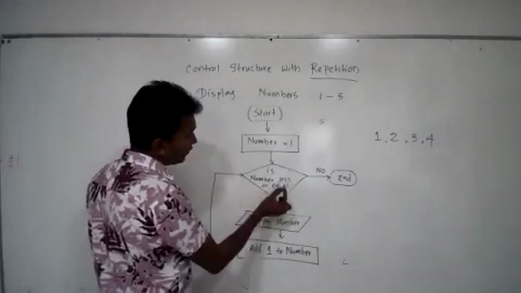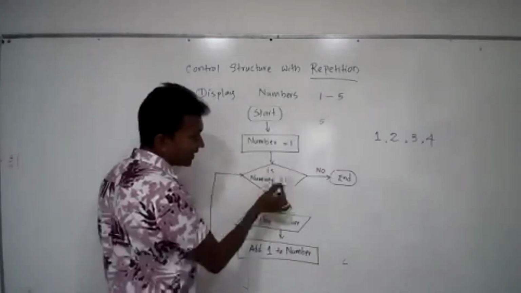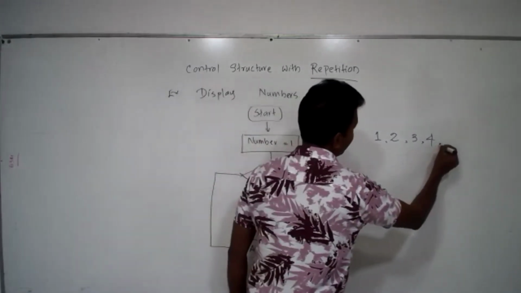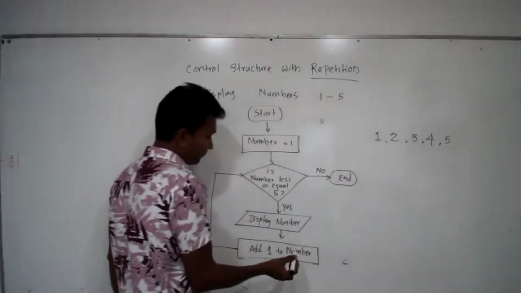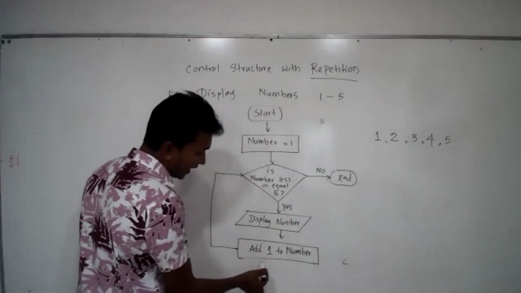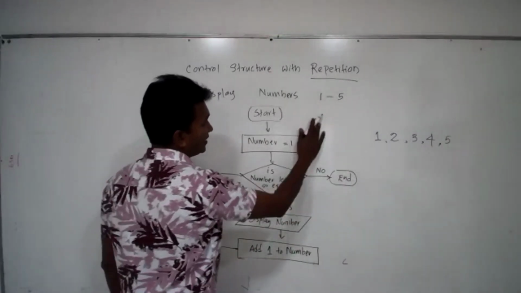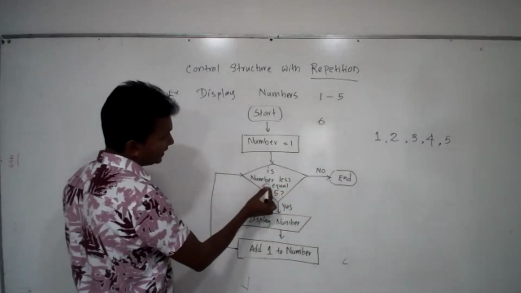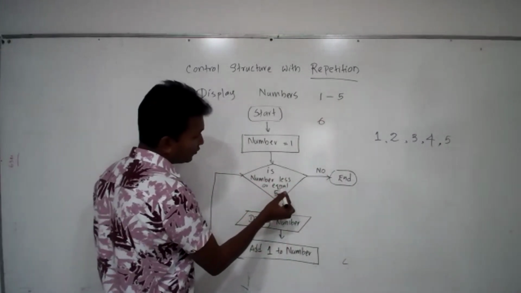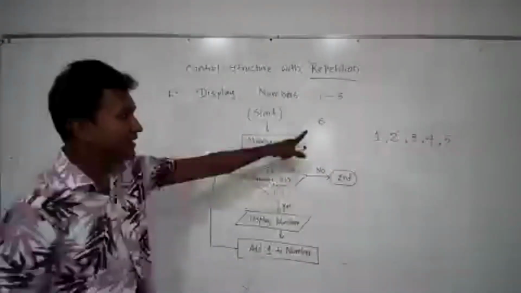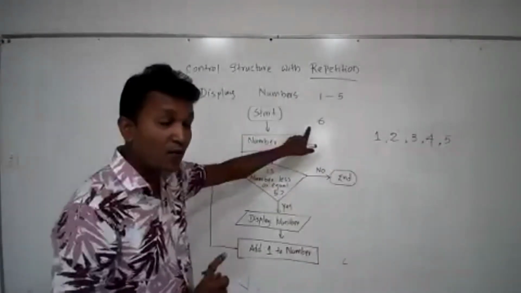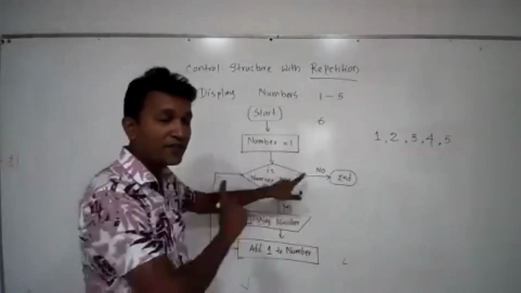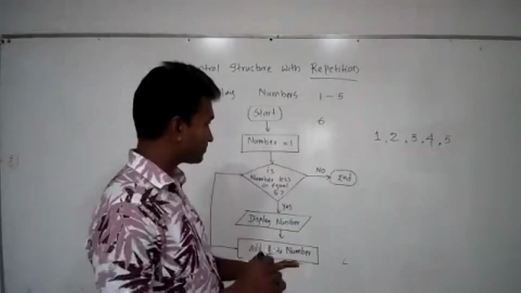Now number is equal to 5. Again the condition is true. Therefore, display the number, that means 5. Then again add 1 to number. That means it becomes 6. Again we go here. Is number less than or equal to 5? Now it is 6. Now it is false. Therefore, it is no. Then we go to the end of the program.